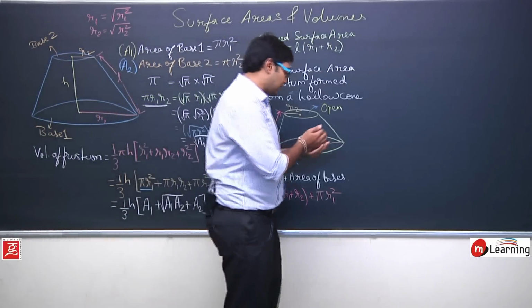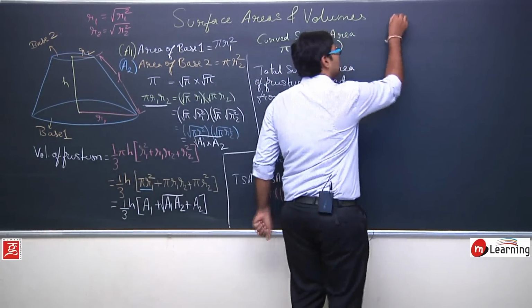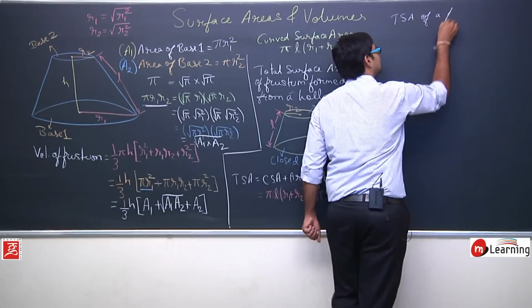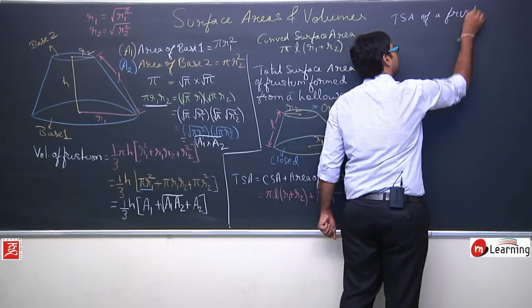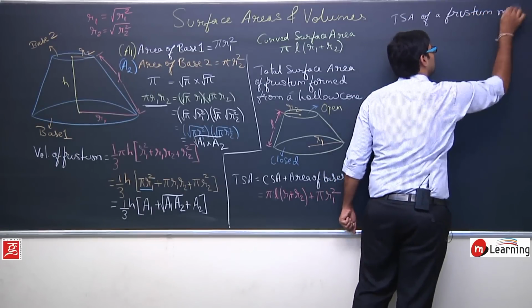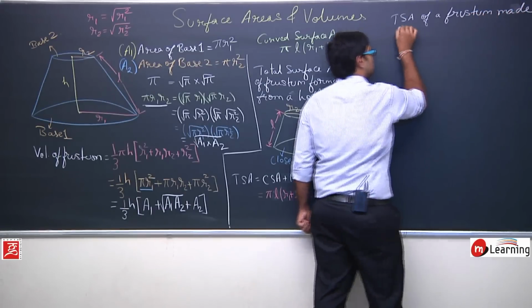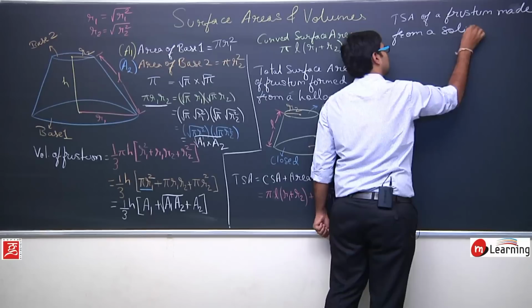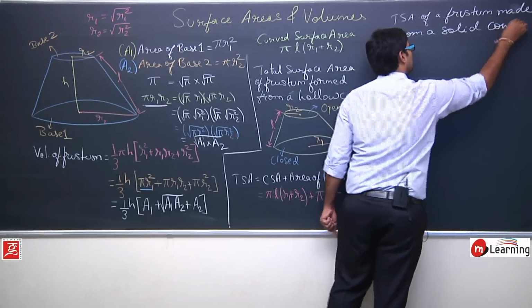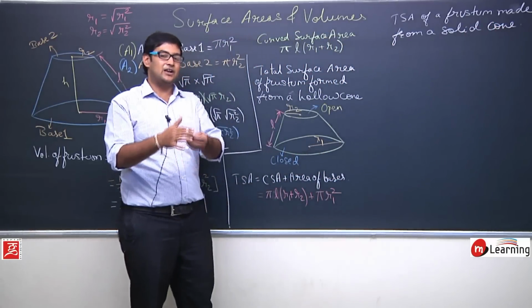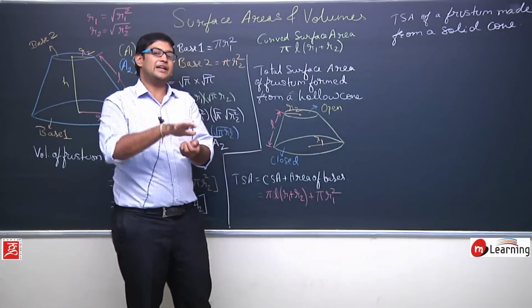Now if I have a solid cone, the total surface area of a frustum made from a solid cone. Okay, if I have, let us say, a metallic cone which is completely filled, inside that cone there is also metal.